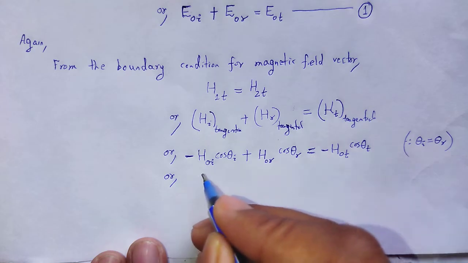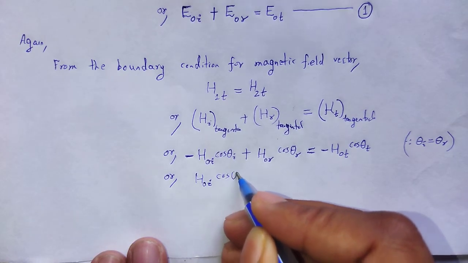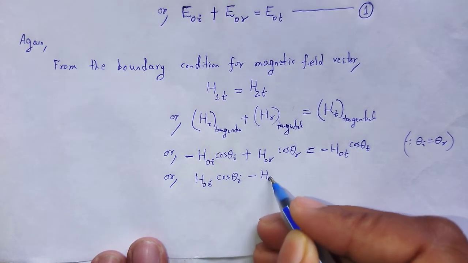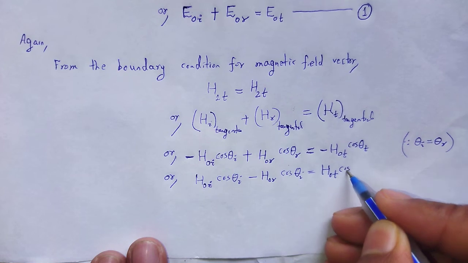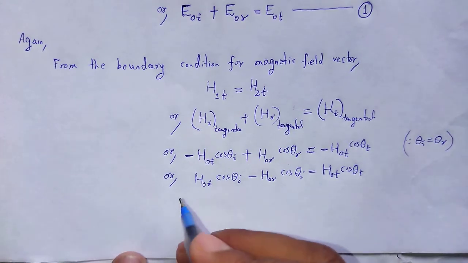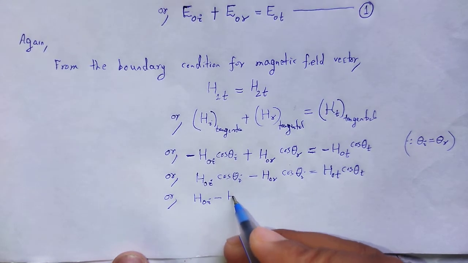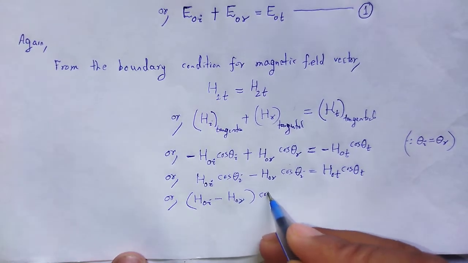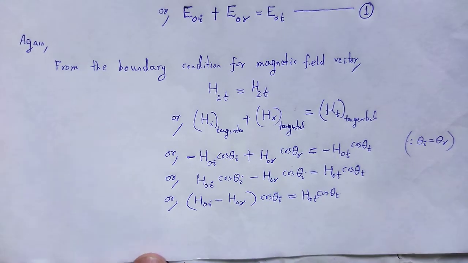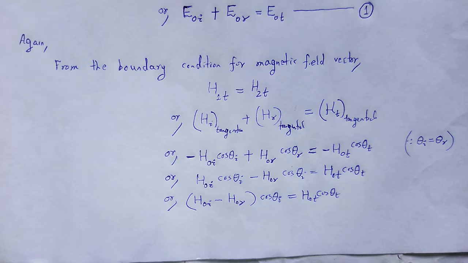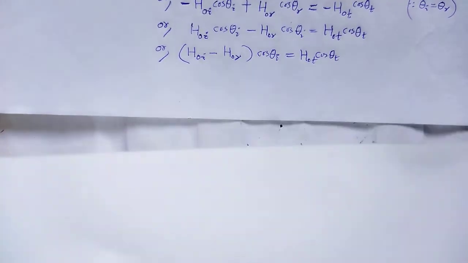First multiplying by the negative sign, we have H O I cos theta I minus H O R cos theta I is equal to H O T cos theta t, or H O I minus H O R, common cos theta I, is equal to H O T cos theta t. Okay.